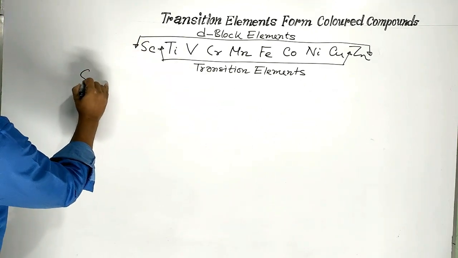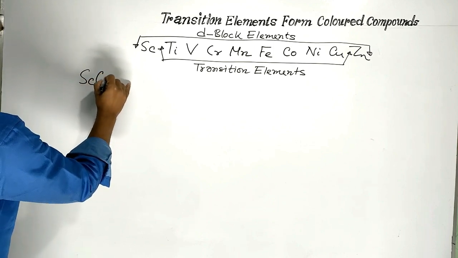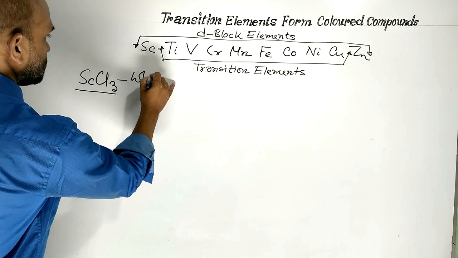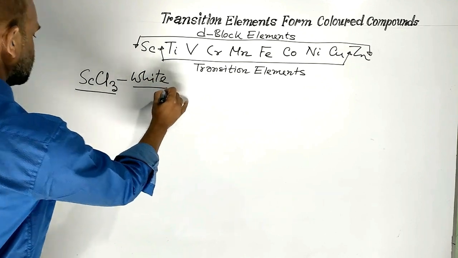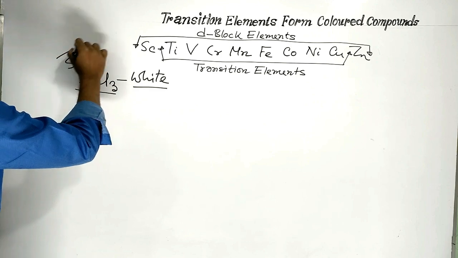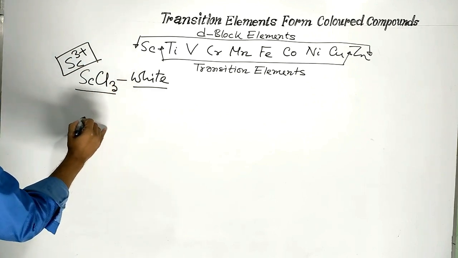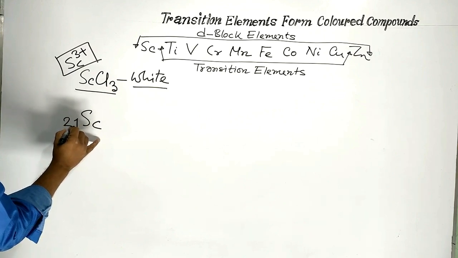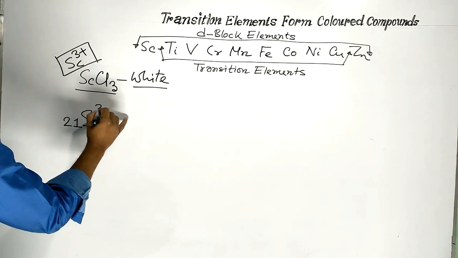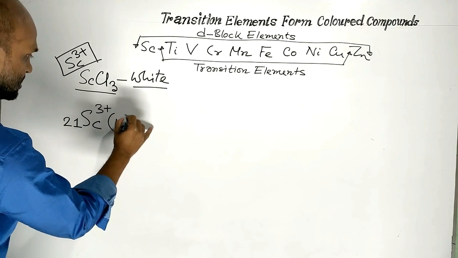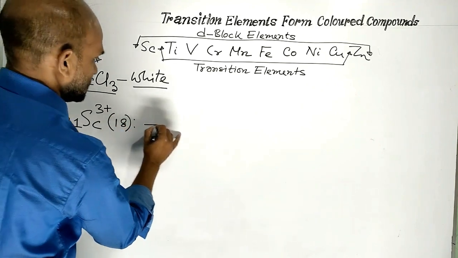Now let us see why scandium chloride is white. Here the ion is scandium 3+. Scandium, atomic number 21. Scandium 3+ ion contains 18 electrons.